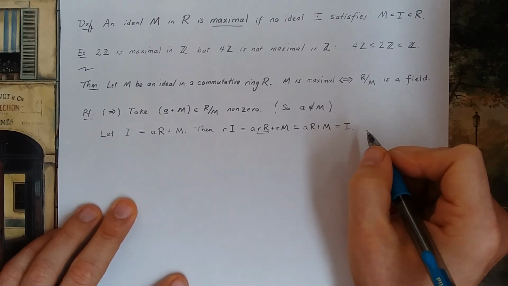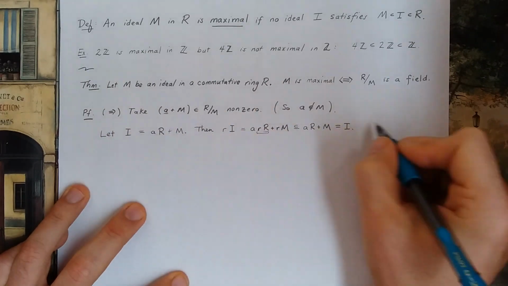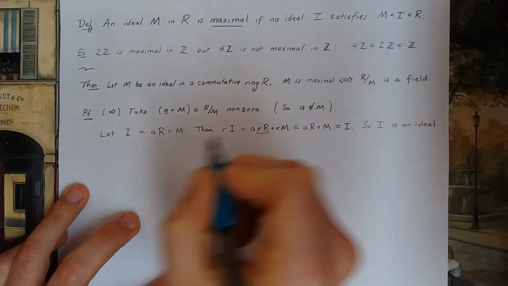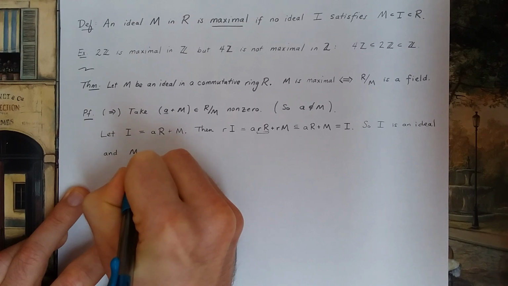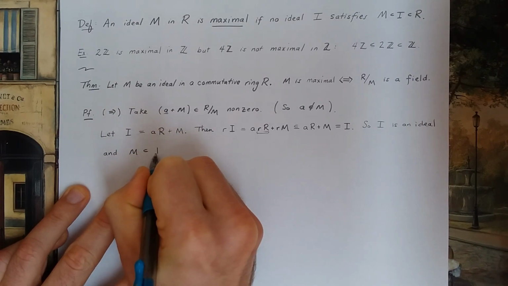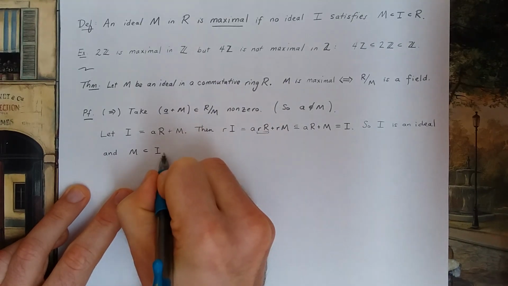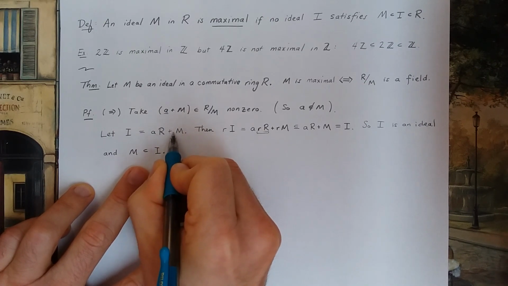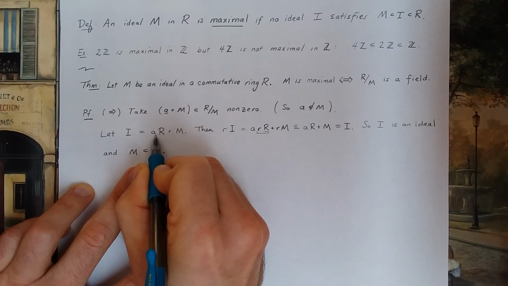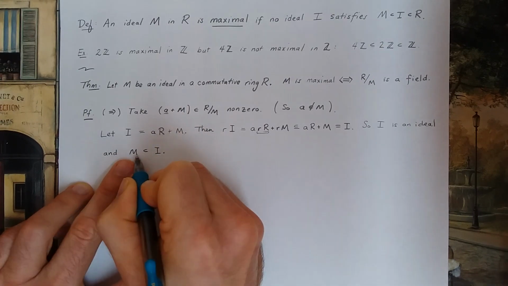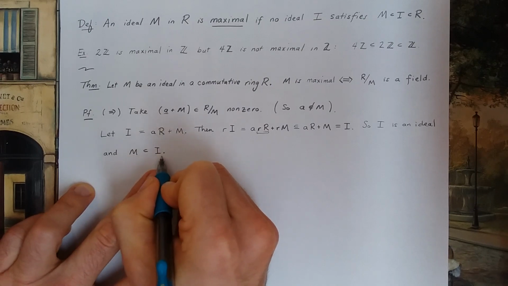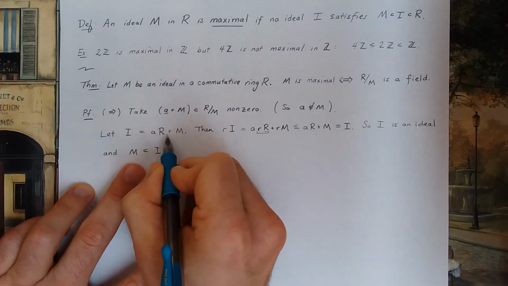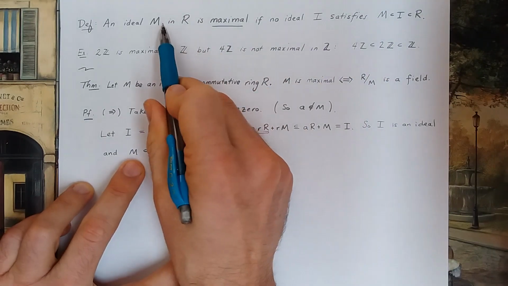Furthermore, so I is an ideal, and M is a proper subset of I. The 0 element is in the ring R, so I can get anything in M I want back by taking A times 0 plus something in M. So M is definitely a subset, but it's also a proper subset because A was not in M. A was not in M, so you could find an element in the ideal I that's not in M. Now, M is a maximal ideal.